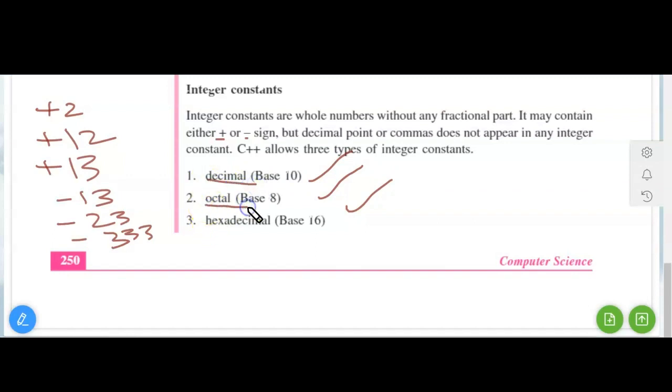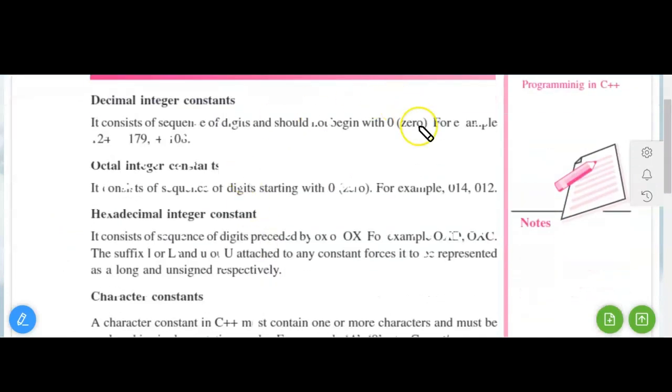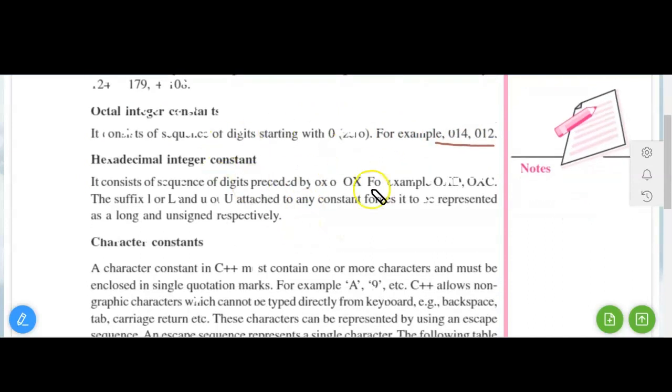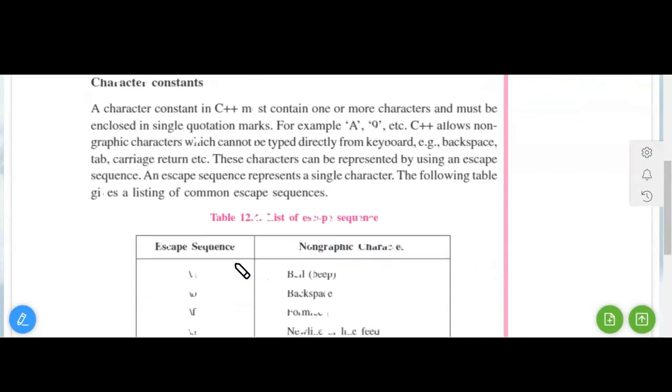The numbers with base 8 are known as octal. You might have learned this in the binary logic chapter. Hexadecimal base is 16. A decimal integer constant means the value should be a decimal value and it will be the same throughout the program. Octal numbers are numbers like this, base 8, and hexadecimal something like this. You can see here, these are hexadecimal integer constants. So these come under integer literals.